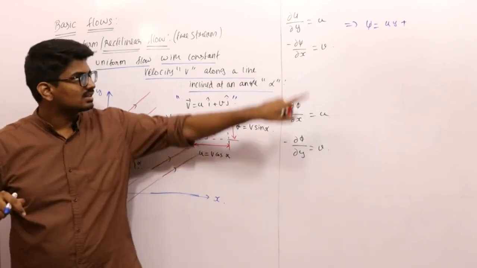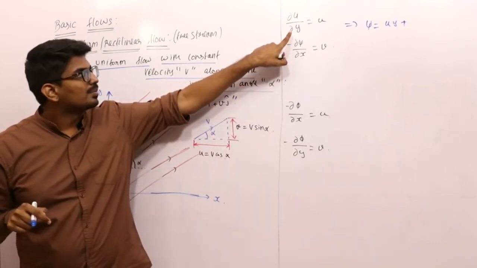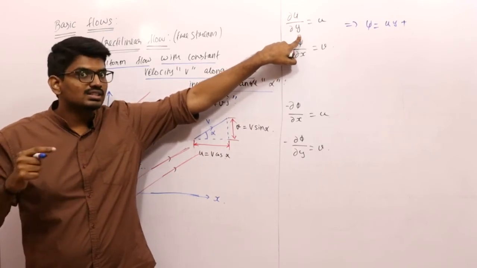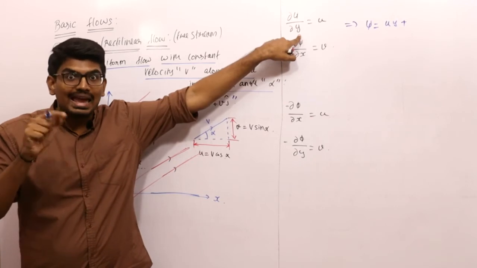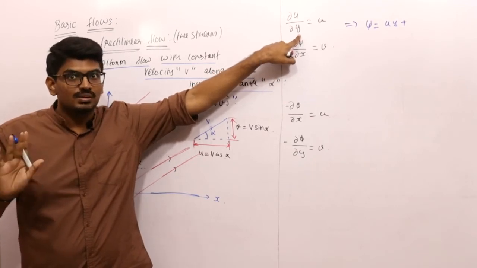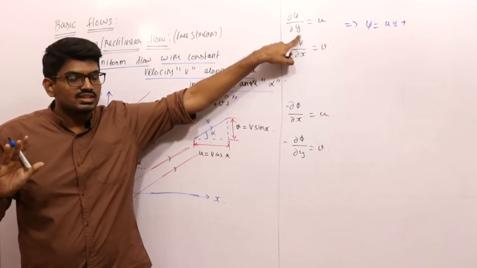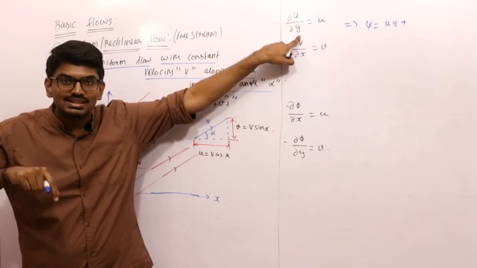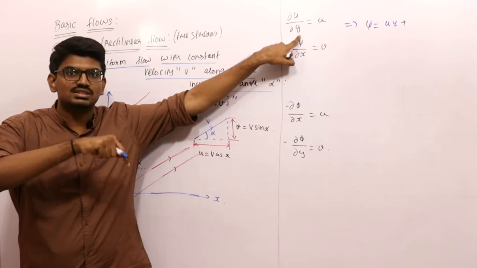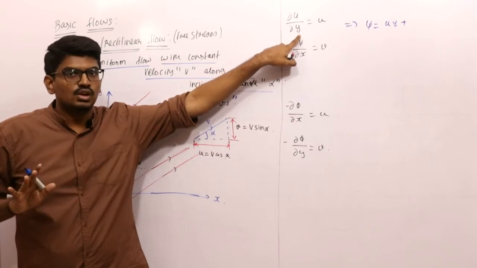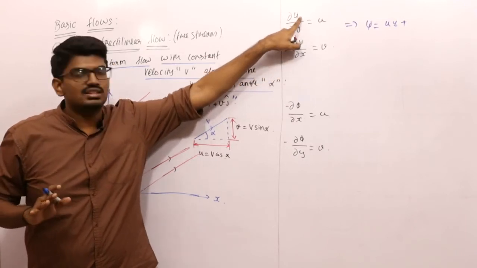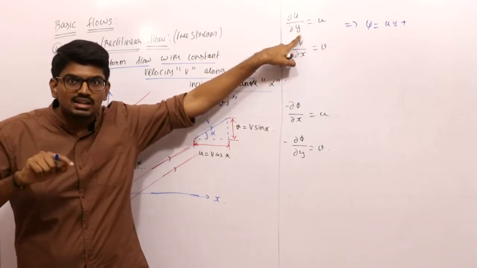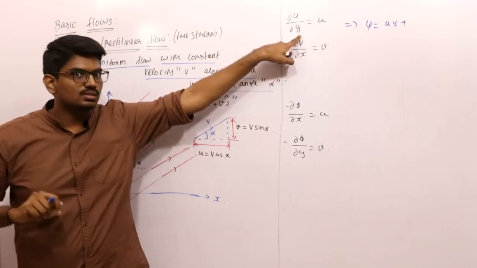But in this case, it's a partial differentiation with respect to y. If I differentiate something partially with y, x will also be taken as constant, am I right? All the other variables will also be taken as constant. In this case, the other variable available here is x. So if I differentiate this function psi with respect to y partially, then x is also taken as constant.